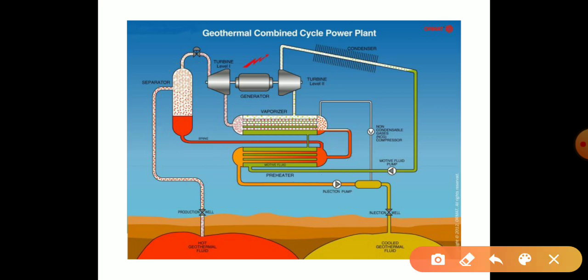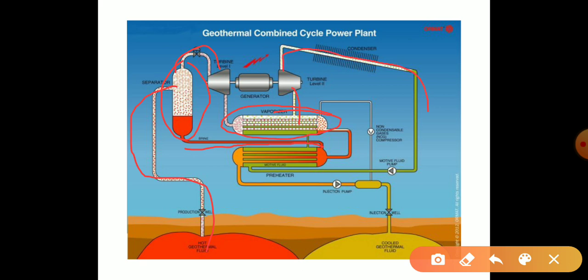If you look at the picture, initially the hot water goes to this position and is separated into two forms. The steam comes to this position to turn the turbine to generate electrical energy, and the second portion, the hot water, comes to this portion where another type of liquid is present which evaporates, and then it rotates the turbine to generate electrical power.